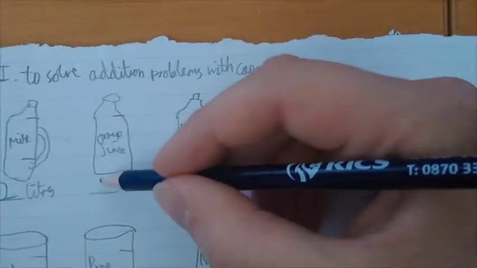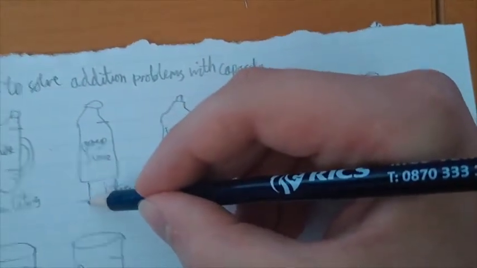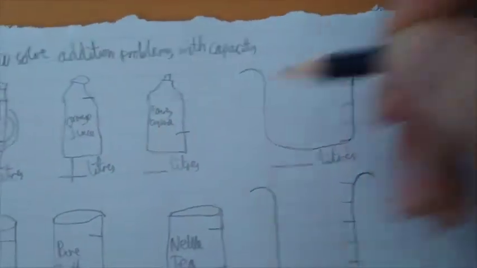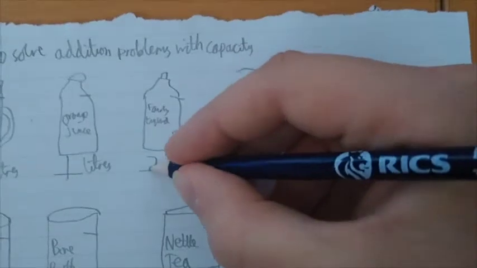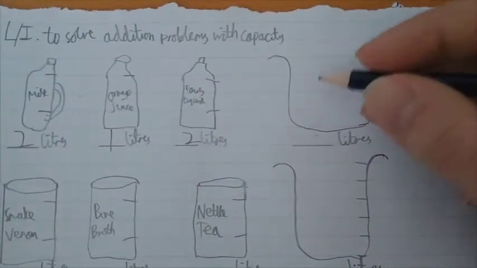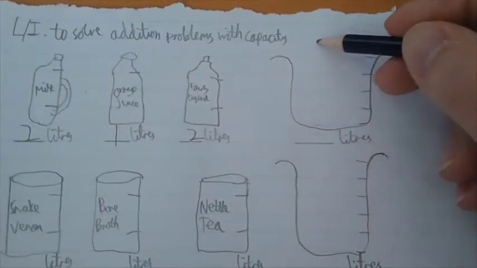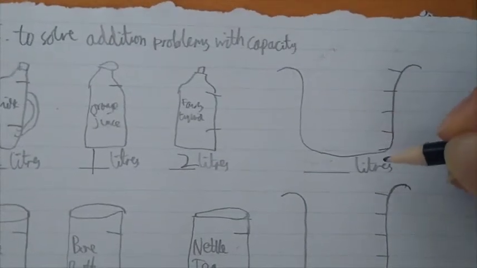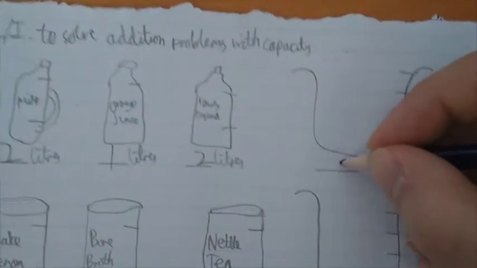There's 1 dash on the orange juice, which means 1 litre. And on the fairy liquid, there are 2 dashes again, which is 2 litres. The capacity of this cauldron, I'm just going to draw some steam coming out of it because it's supposed to be cooking, is 5 litres.